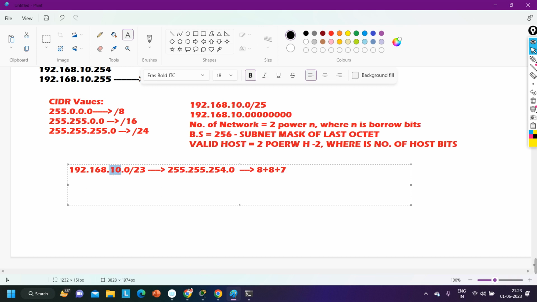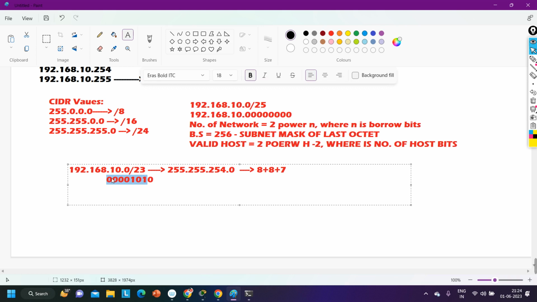If you convert 10 into binary, it will be 00001010. So we have reserved bits till here only. If I am using /23, but how many reserved bits do we have for class C? 24 bits.